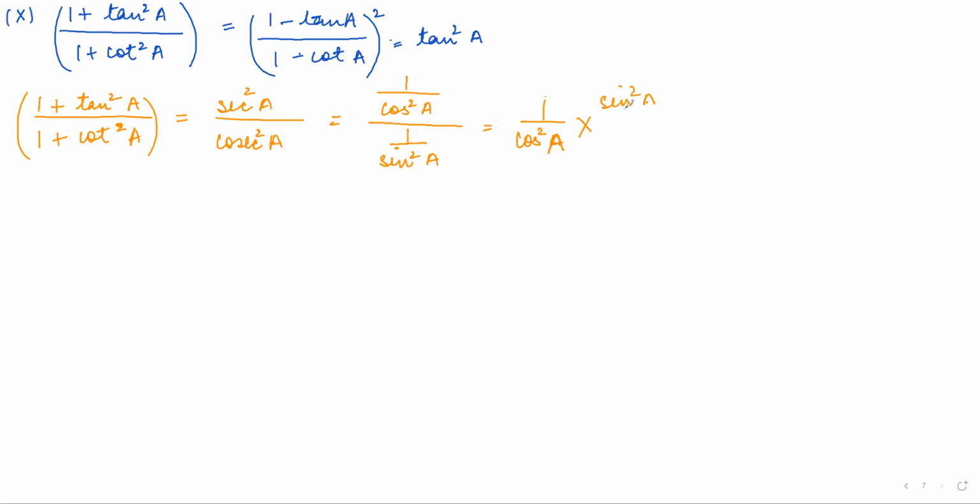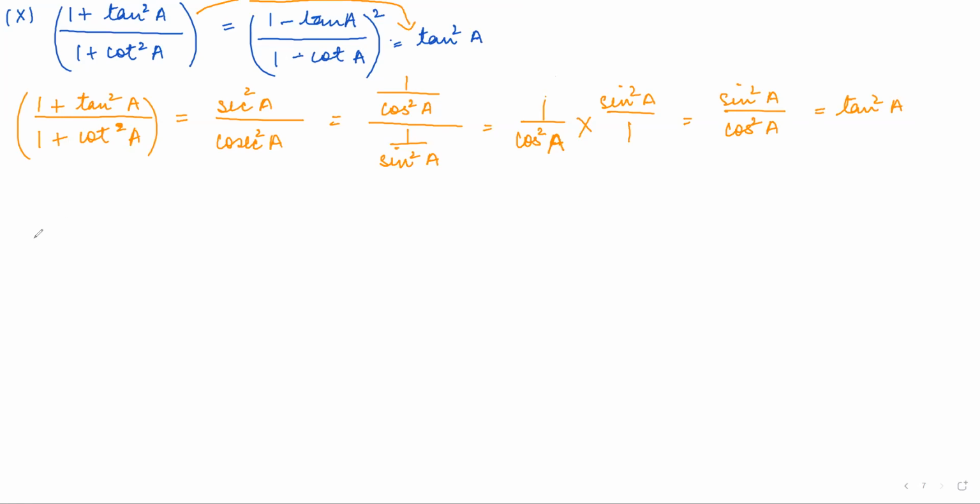So sine square A divided by 1. Is that okay? We can write it like this also. So this is sine square A by cos square A. And this is equal to tan square A, right? Sine upon cos is tan. Okay, so basically this term is coming out to be equal to this one, right?